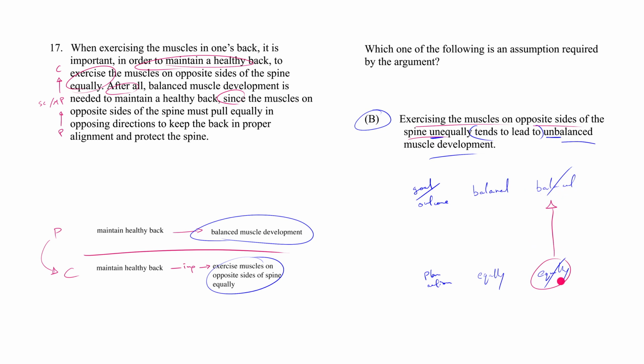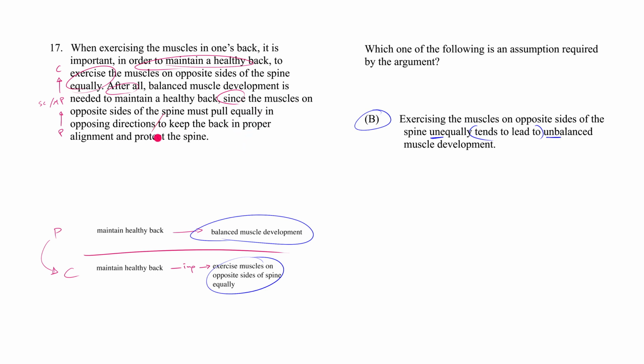Okay, so now let's unveil the full complexity of this stimulus by engaging with the minor premise. We're told that the muscles on opposite sides of the spine must pull equally in opposing directions to keep the back in proper alignment and protect the spine. Now, this statement is also a conditional statement.